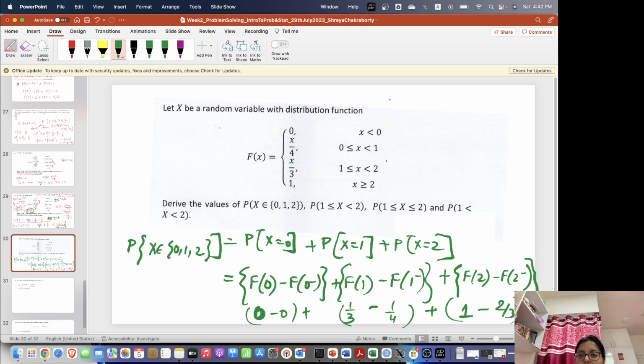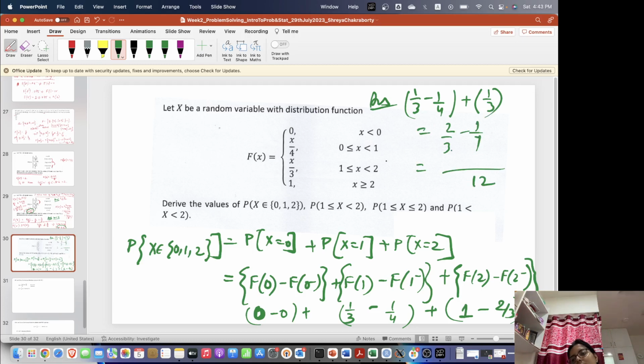So the answer is 1/3 minus 1/4 plus 1/3, which is 2/3 minus 1/4. With 12 as the common denominator, 8 minus 3, this is 5 by 12.